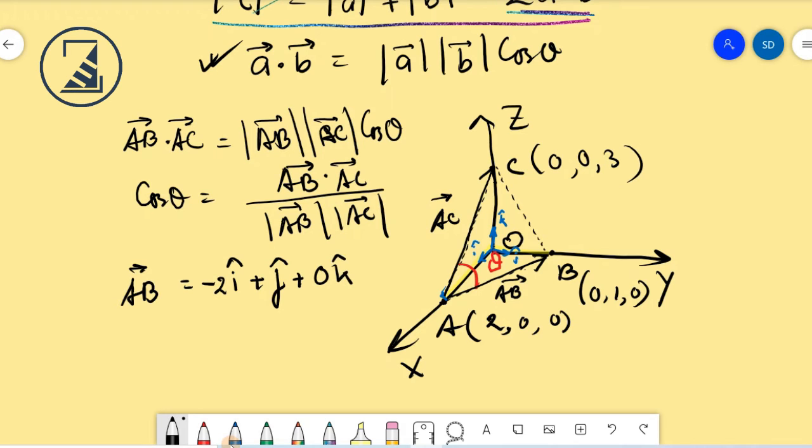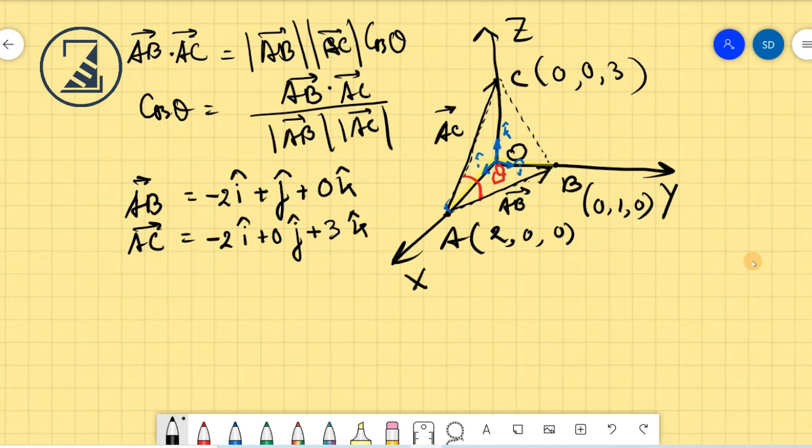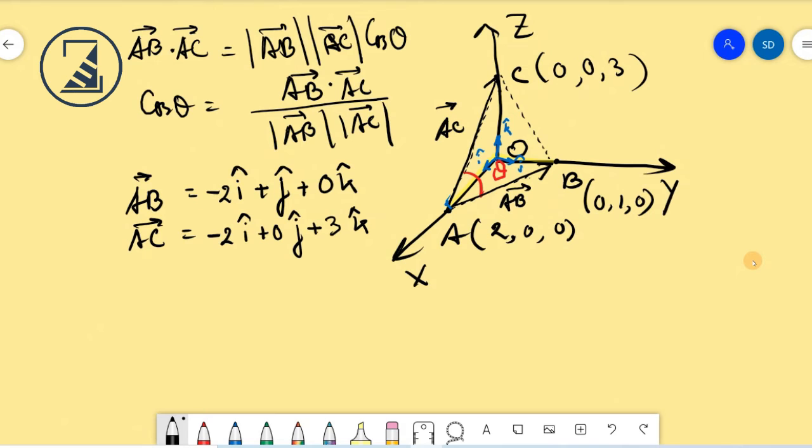Okay. Similarly, AC vector is minus 2 I cap, 0 j cap and 3 k cap. Now first let's compute the magnitude of AB.